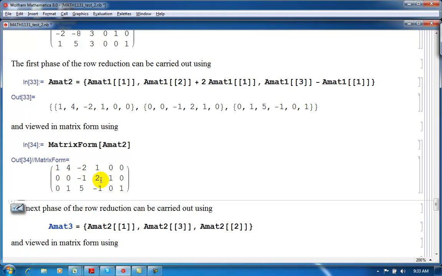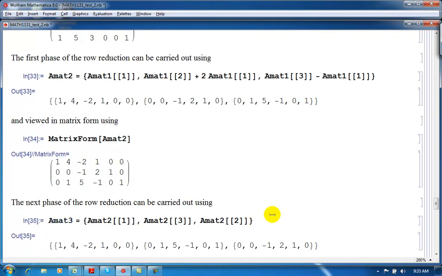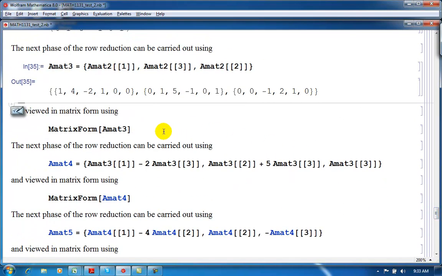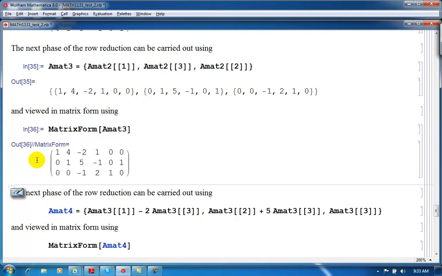We've got it like so. The next thing we want to do is swap this row with this row, and if we do that and view it, we can see that this matrix here is in row echelon form.